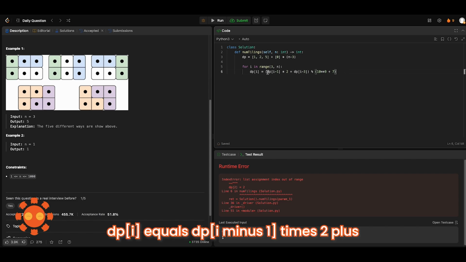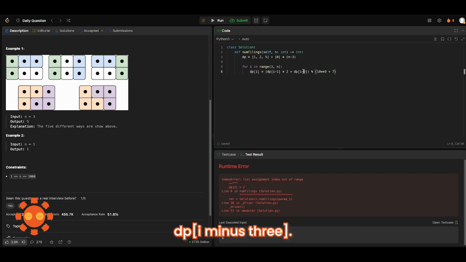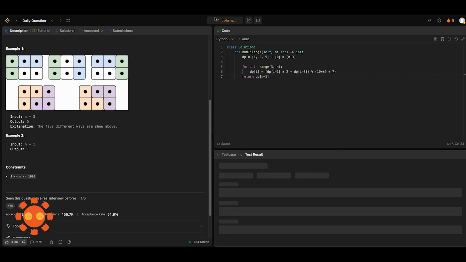So dp[i] equals dp[i minus 1] times 2 plus dp[i minus 3]. I think this will work. Since our list is 0 indexed, the number of ways we can tile a 2 times n board is at the n minus 1 index.